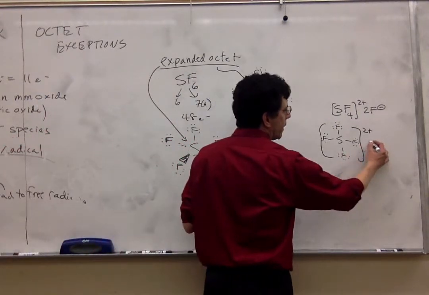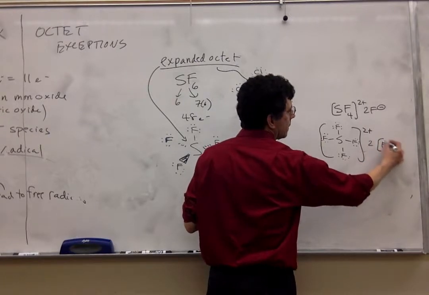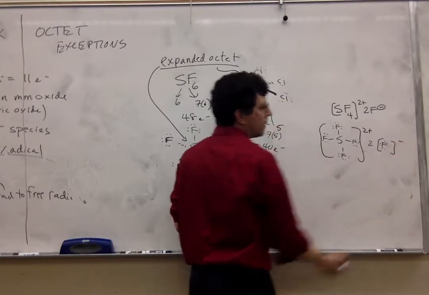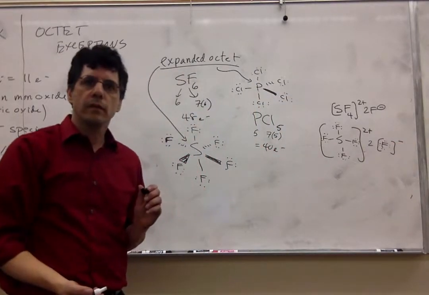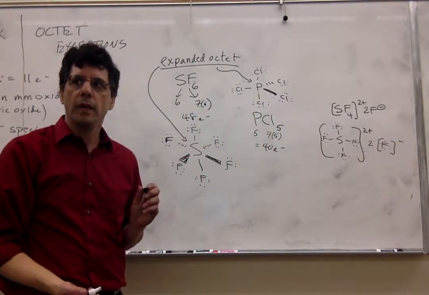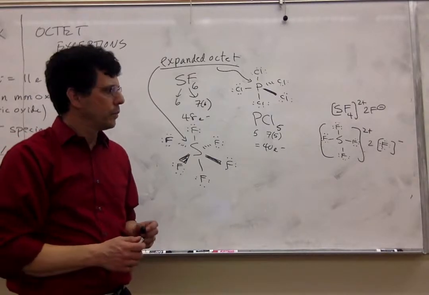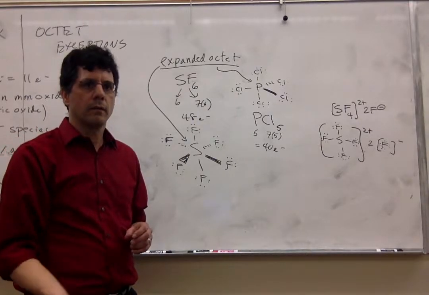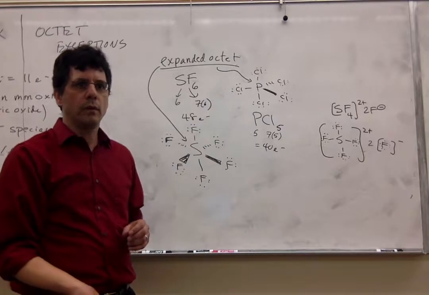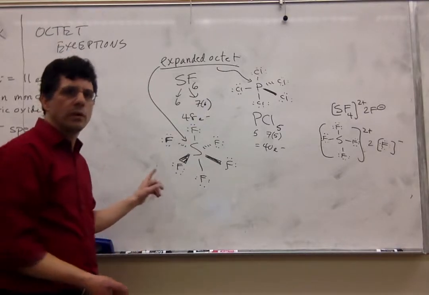And then the 2 fluorides are 8 apiece themselves to give you 48. But wait a minute, it's ionic. That's weird.